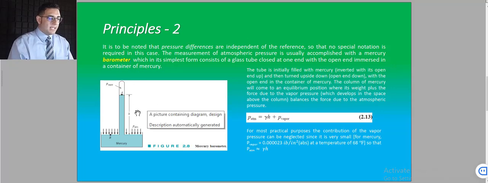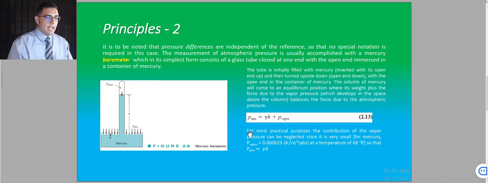When we have a balance, the pressure here is going to be equal to gamma H plus the pressure of vapor, which is this empty section.